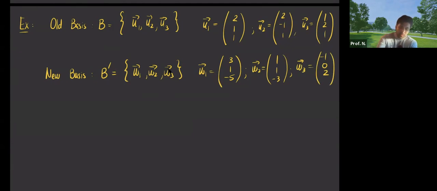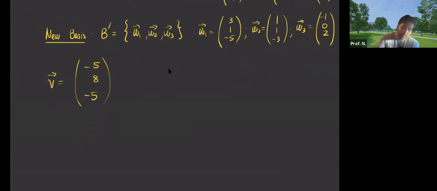We got a new basis and an old basis. And I have a vector v. My vector v that they give me is negative 5, 8, negative 5.